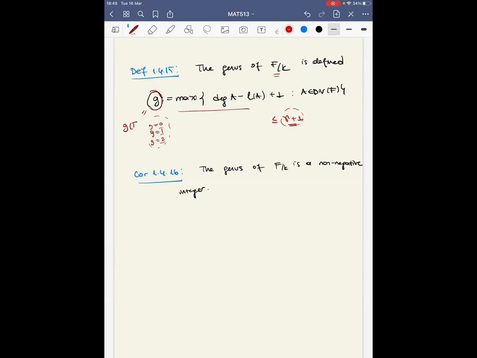Sometimes we also use the notation g of F. To see that it's a non-negative integer, in the previous definition, let me consider the zero divisor. Then degree 0 minus L of 0 plus 1 is equal to 0. And G, the genus, defined as the maximum of all such quantities, is obviously bigger than or equal to 0.